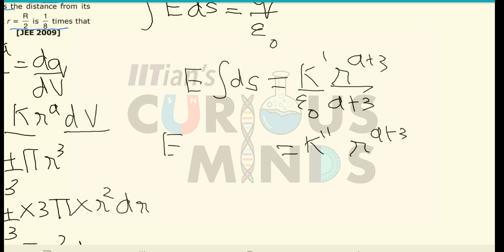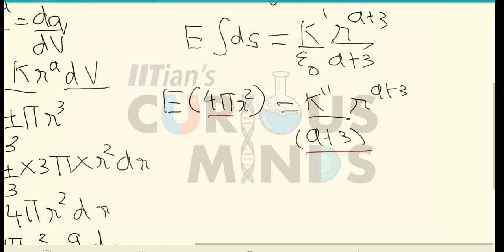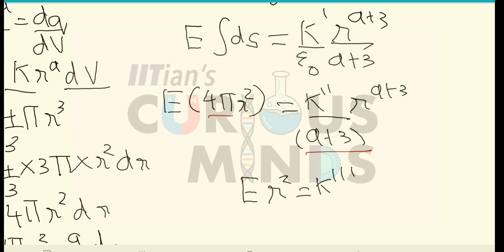The integration of ds will give me the answer 4 pi r square. So it will be 4 pi r square divided by a plus 3. Now 4 pi, and a plus 3 are all constants. So I can write E into r square equal to k triple dash, some other constant, into r raised to a plus 3.